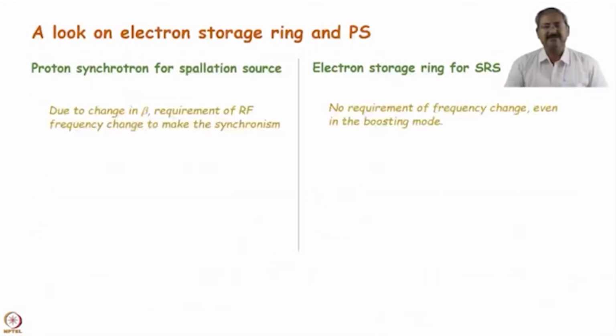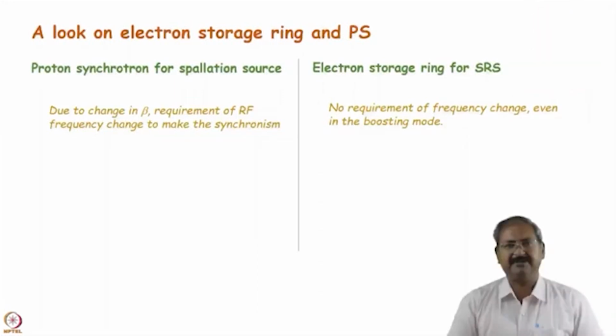Now suppose we are talking about a synchrotron where a full energy LINAC is not available, and we are increasing the energy from 100 MeV to say 1 GeV. When we increase the energy from 100 MeV to 1 GeV in the case of protons, speed significantly changes, beta changes significantly, meaning revolution time changes significantly.